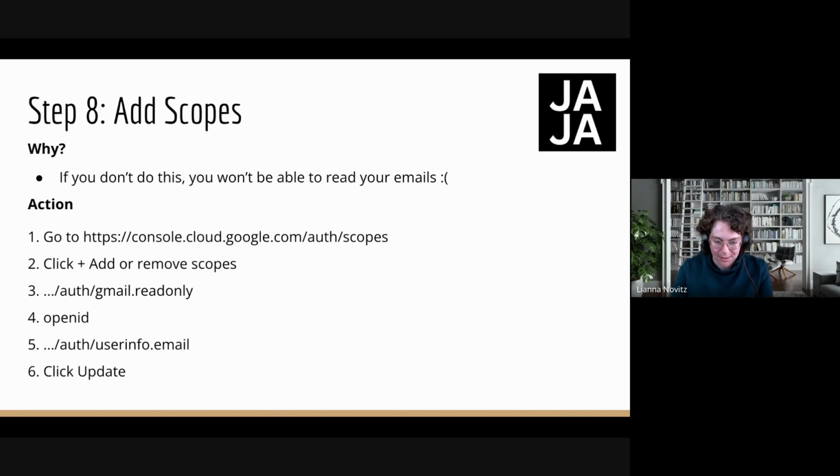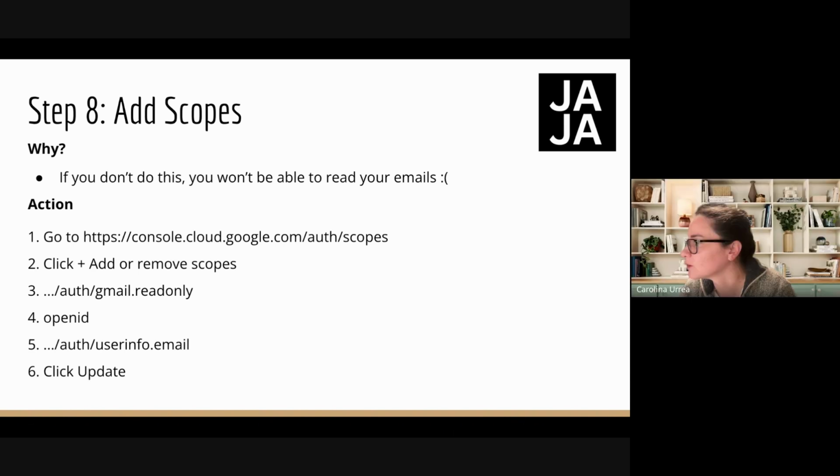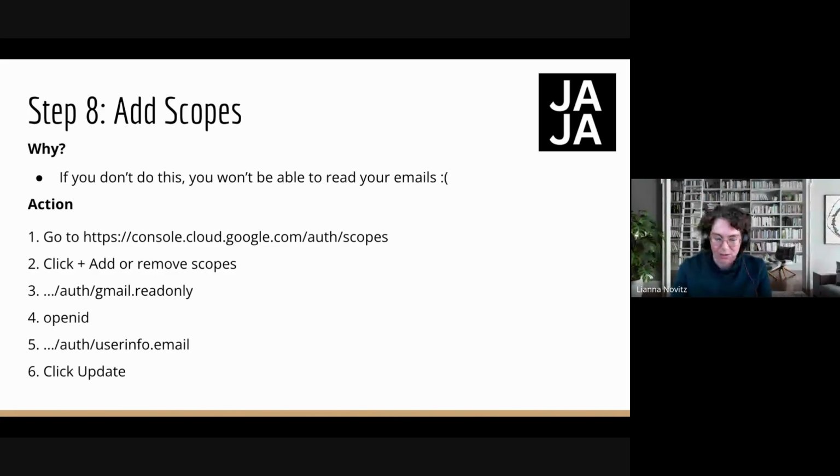Those are just, I think, common scopes available. Okay, I will look for it. Actually, if you clicked on the Gmail readonly checkbox and then click update and then add scope again, you should see OpenID and the user info email on the first page that pops up again.